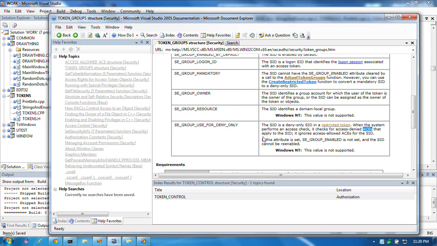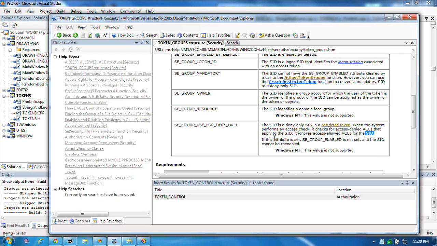I have SIDs, but these access control entries are being read from a list of ACEs and ignores all allowed things for the SID.